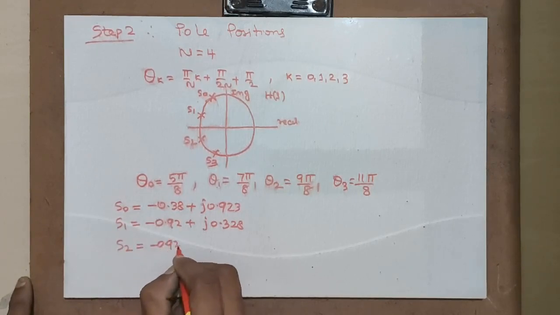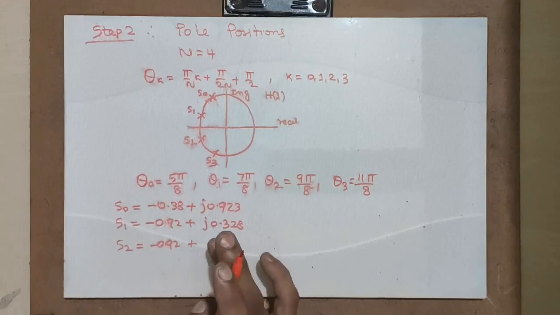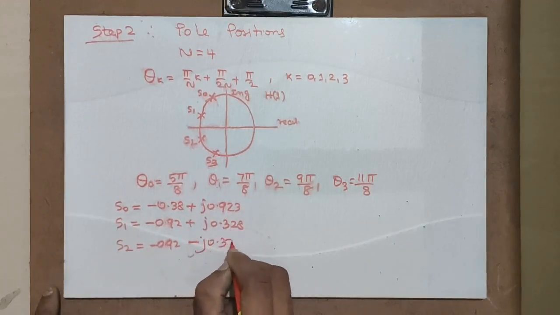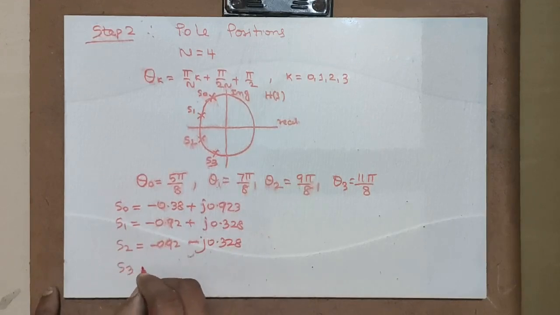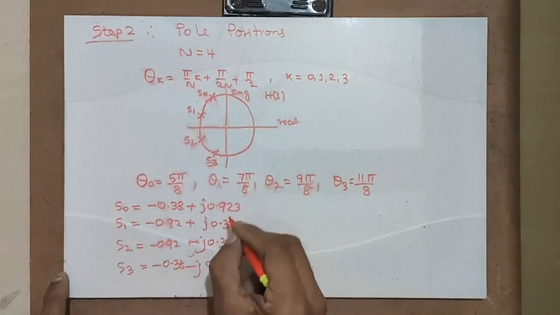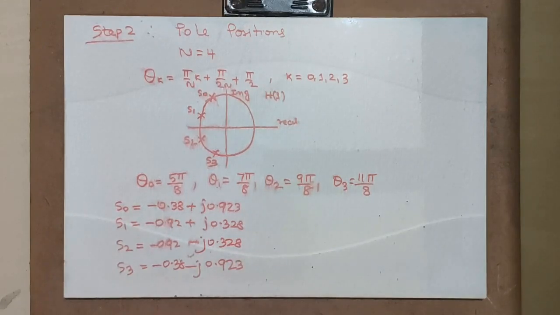S2 is equal to minus 0.92 minus j0.328, because it will be the complement of this. S3, which is the complement of S0, is minus 0.38 minus j0.923. Hence, all the 4 poles are found. Pole positions and pole magnitudes are found here. That is the completion of step 2.